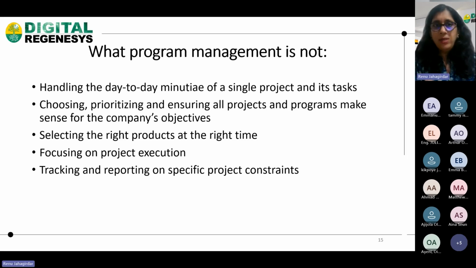But program management as a whole is an approach undertaken by an organization by interlinking projects which have similarities within them.